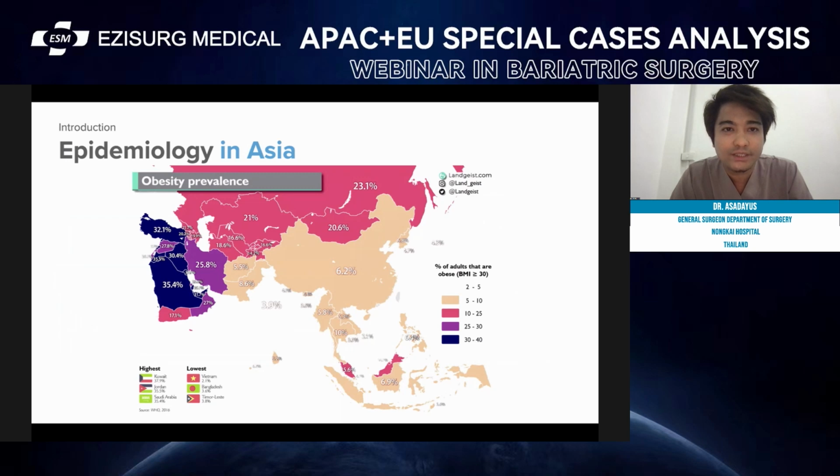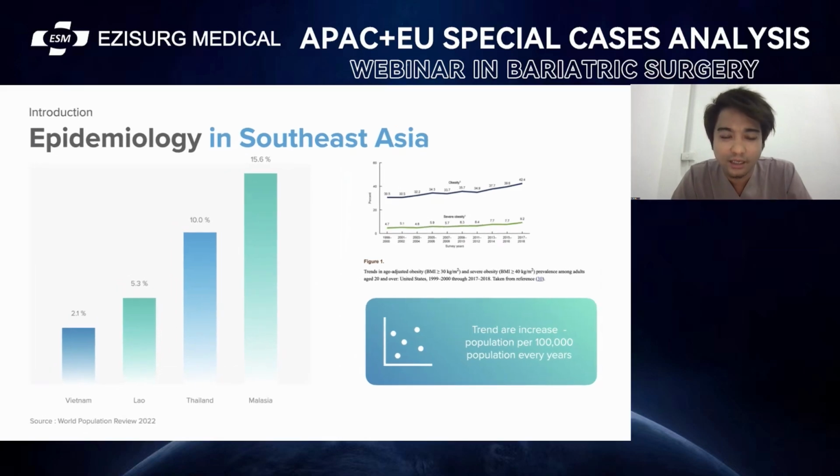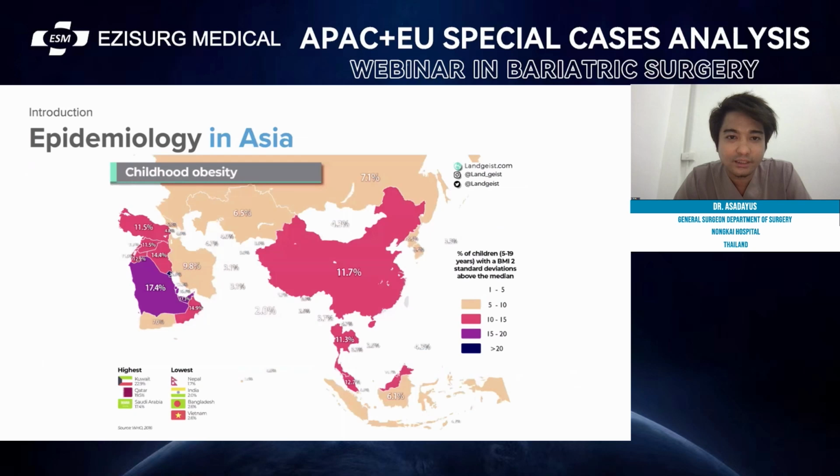These are the prevalence of obesity in Asia, like Thailand, Malaysia, Indonesia, China, South Korea, and other countries in Asia, which is also increasing every year. When I focus on Southeast Asia, Malaysia is at the top of the prevalence, about 15%, and Vietnam has the lowest prevalence of obesity in Asia.